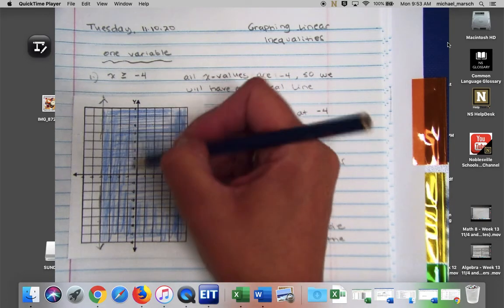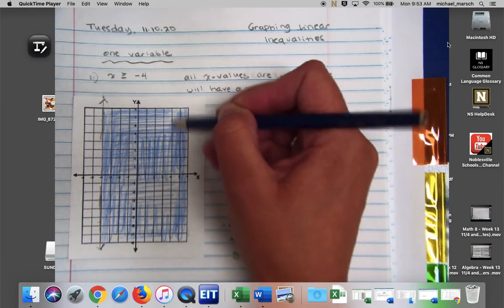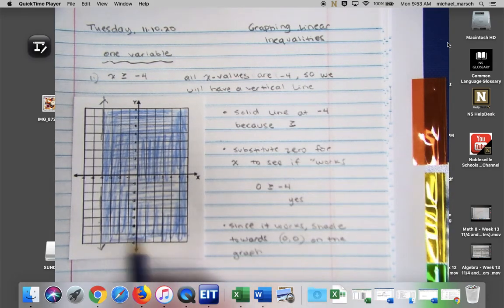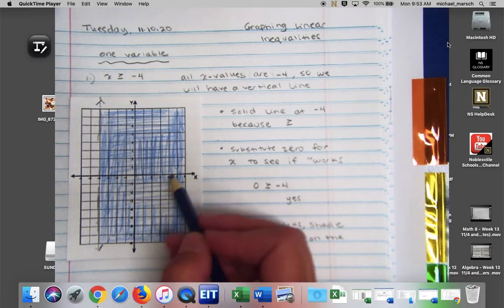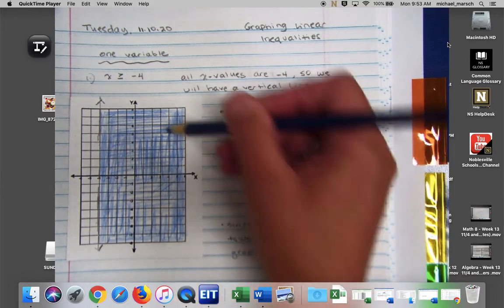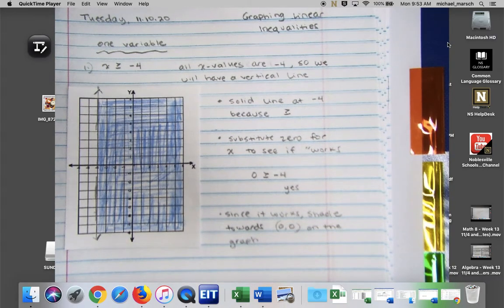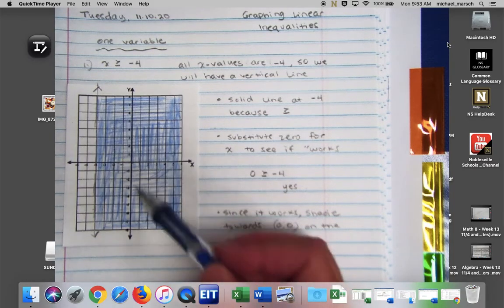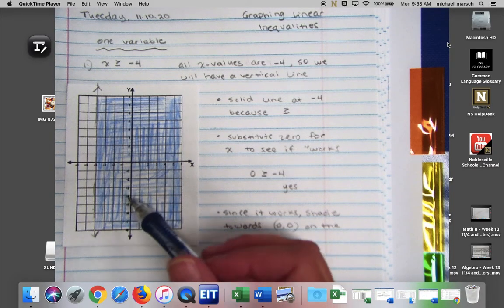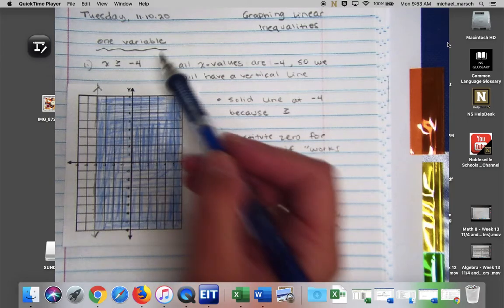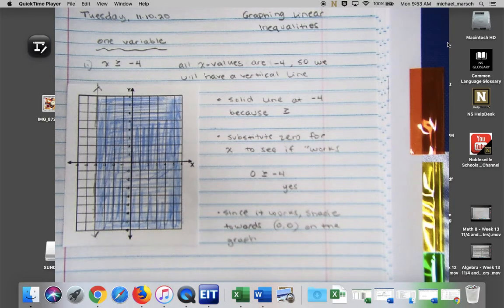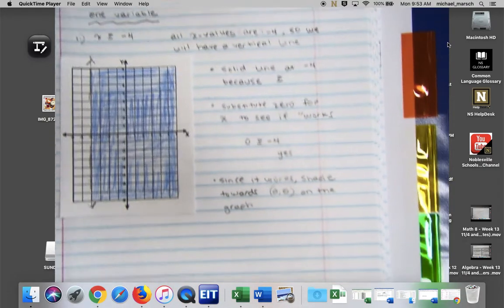All of those would have proven that I needed to shade this direction, but I just find it easier to use 0 when there's just one variable, so that I don't have to overthink it. I mean, 0 is pretty easy to manipulate, right? Okay, so this shaded area then represents all of the x values that would work for this one variable linear inequality. So let's try another one.